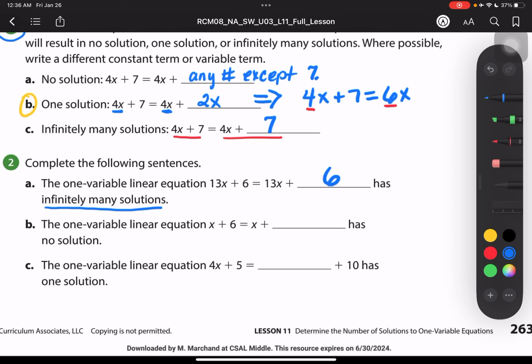Letter B, one variable linear equation, x plus 6 equals x plus blank. Remember, it has no solution, so it could be any number except 6. Any constant except the number 6.